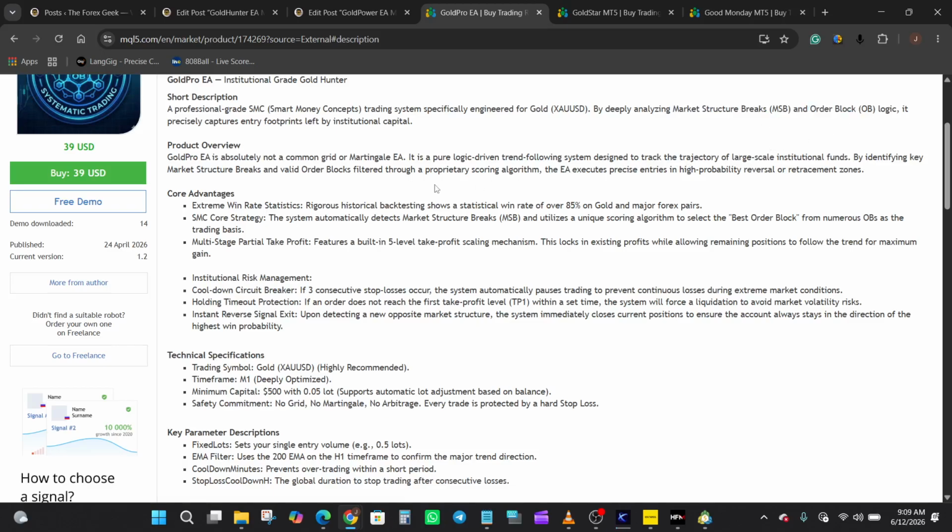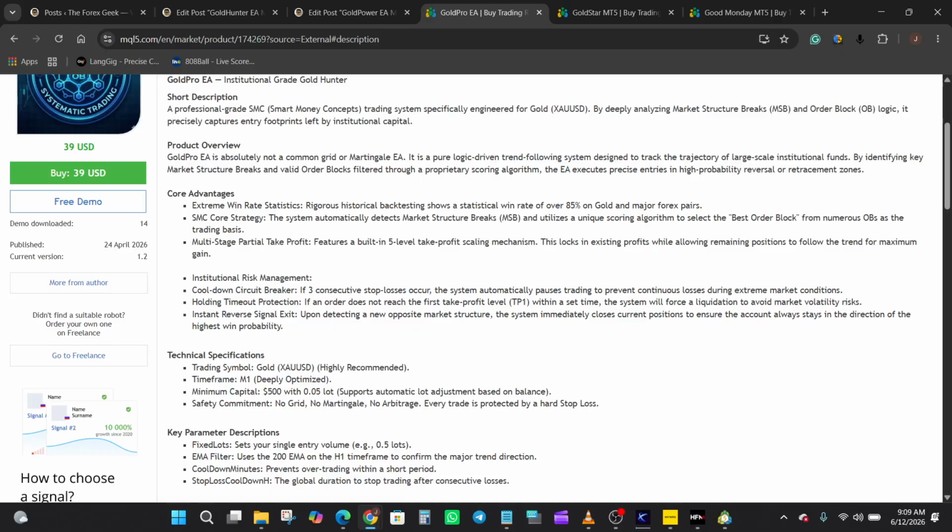Now, according to the developer, the system identifies potential trading opportunities by detecting market structure changes and then selecting what it considers the most suitable order block through a proprietary scoring process.